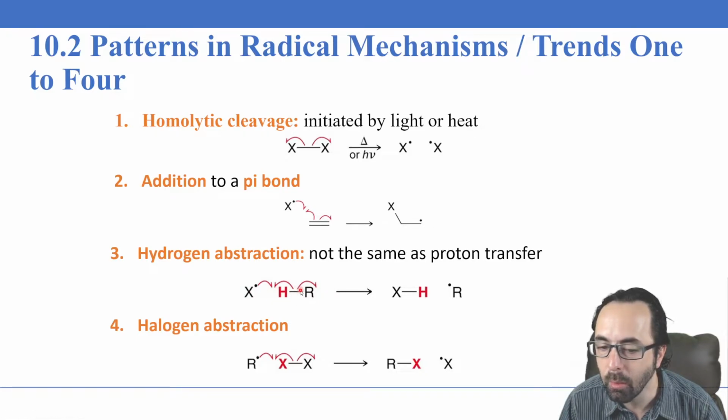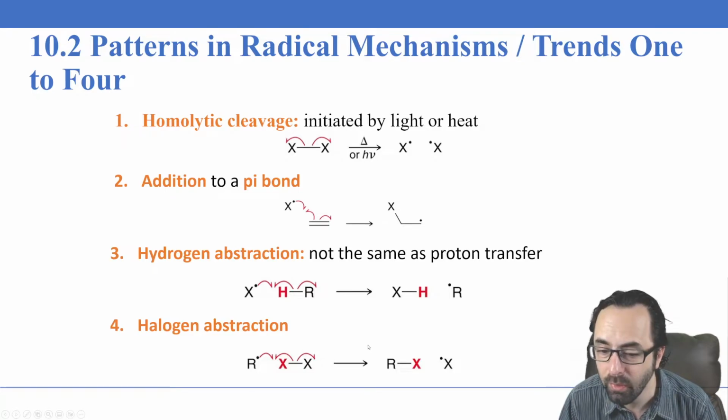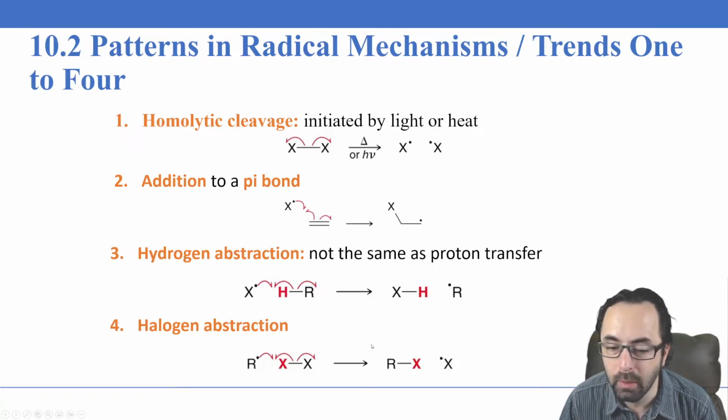And then the remaining electron in that bond between the hydrogen and, let's say, the carbon right here is left there on the carbon, and that bond breaks, and we get a radical and then a bond between our former radical and the hydrogen.